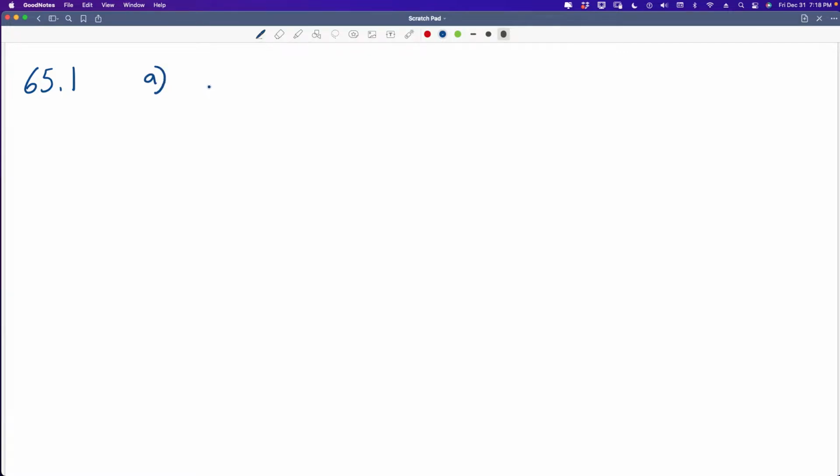All right, in this problem, A says that RW times TW is equal to 6. And the second equation is that RB times TB is also equal to 6. So you can see they have the same distance. It's 6 miles or 6 feet or whatever it is, but they both equal 6.